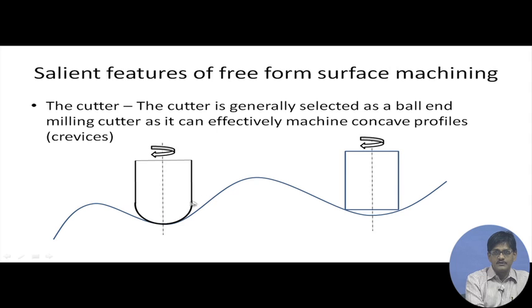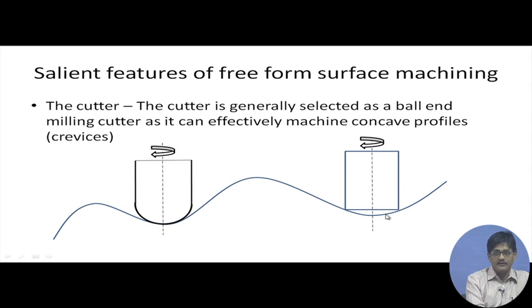Now, why do we choose specifically a ball ended cutter instead of a flat ended milling cutter? This is also a milling cutter, a flat ended milling cutter. Okay, it is rotating about a vertical axis. This is not preferred for 3 axis machining, but this one is preferred, and the reason has been made obvious by the very figure.